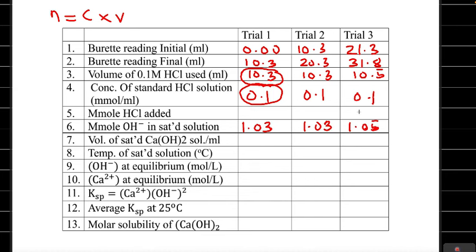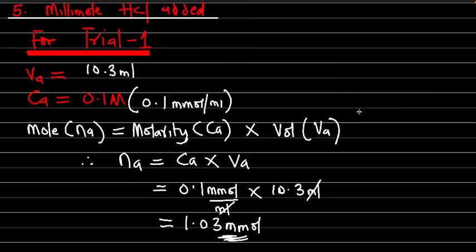But you need to show the working. Where will I show the working? Here. So you're done with the first trial. You can come here and say trial 2. For trial 2, the volume of the acid, which is the HCl, was still 10.3, and the concentration of the acid was still 0.1.